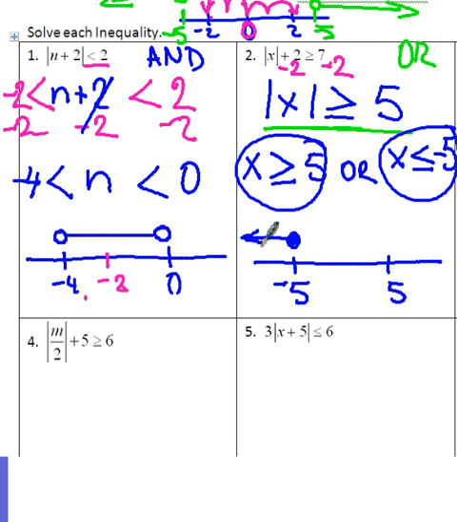The answers are all the x that is less or equal to -5 here, and the other part, x is greater or equal to 5. So again, this is an example of an OR statement.